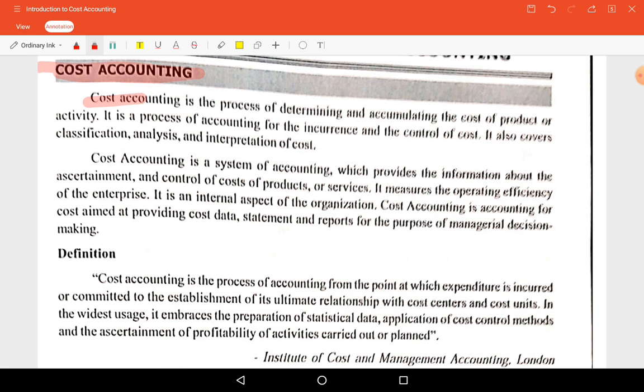Cost accounting is the process of determining and accumulating the cost of a product or activity. It is a process of accounting for the cost incurred and cost control. It also covers classification, analysis and interpretation of cost. Okay, these definitions and the costing introduction we have already done in the previous video.